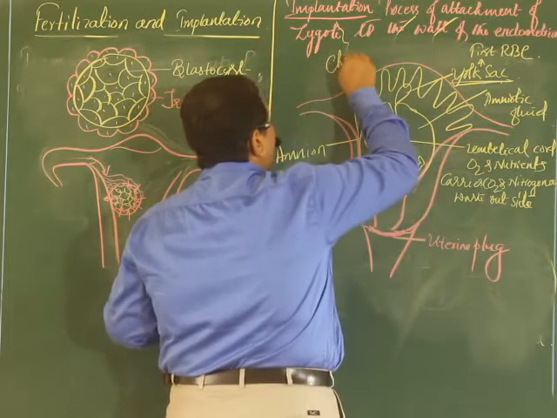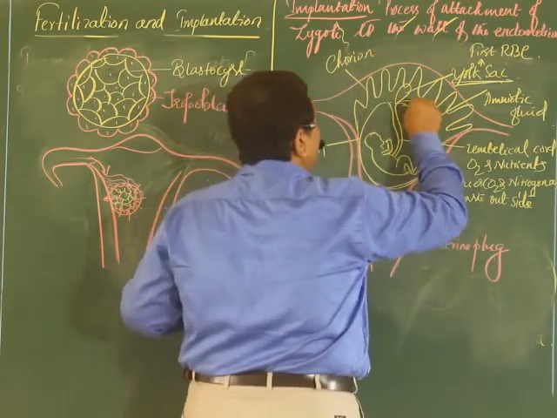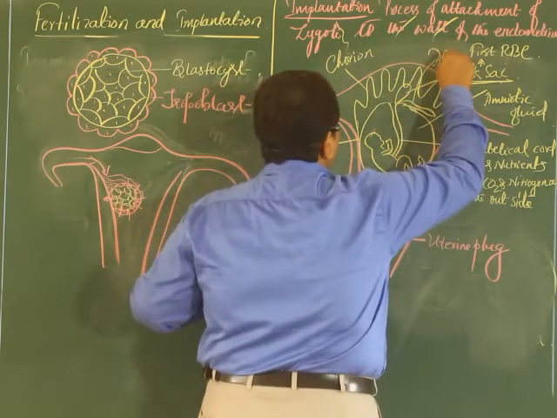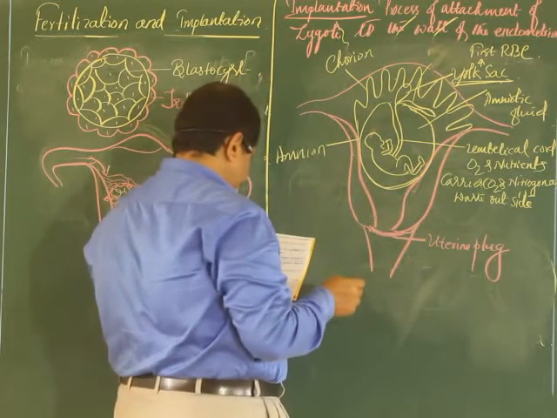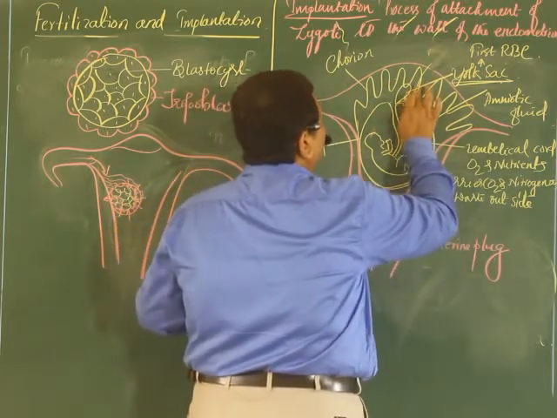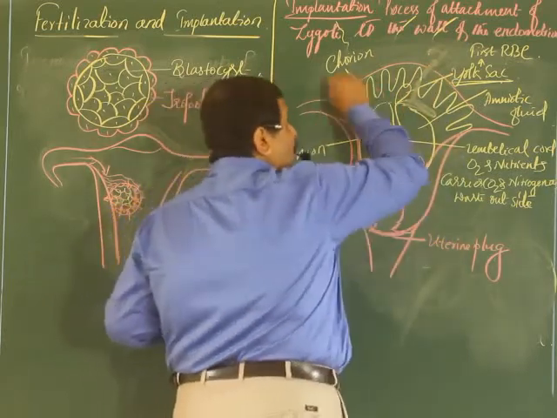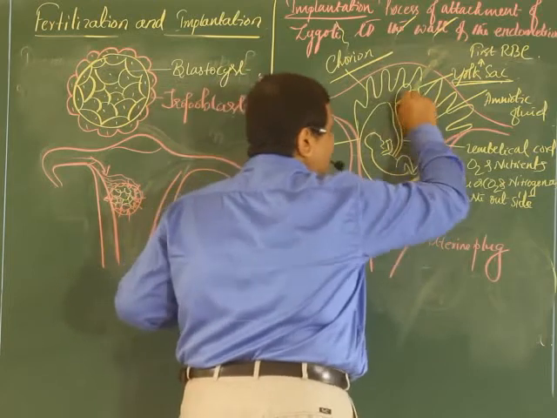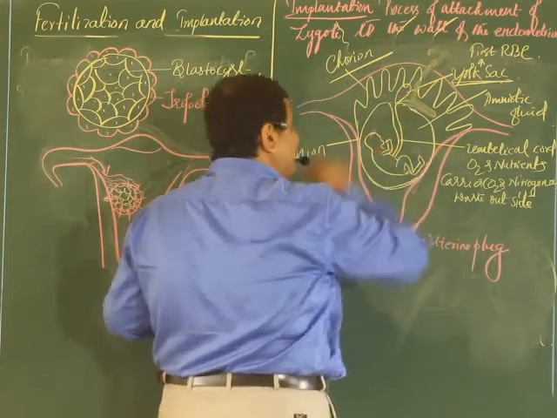This is called chorion, and there is another layer called allantois. It is rudimentary, so I won't mention it here. So mainly, chorion will be there, yolk sac will be there, amnion will be there, amniotic fluid will be there.